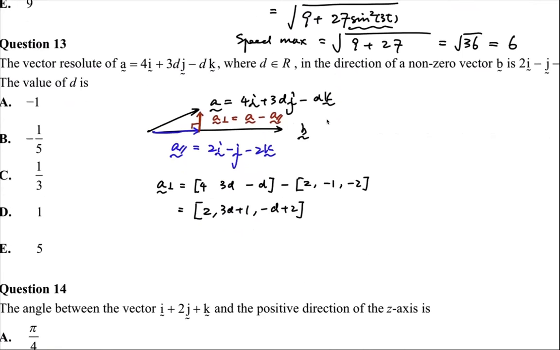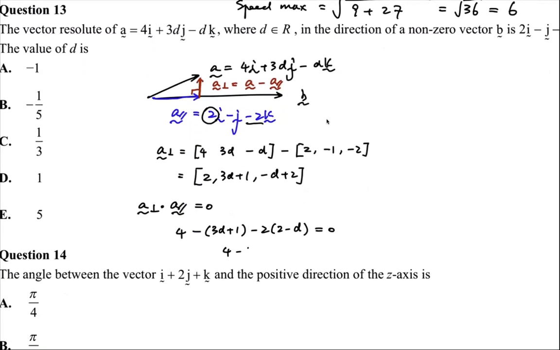And then if you take the dot product, A perpendicular times A parallel, it should be equal to 0. So 2 times 2, 4, minus 1 times (3d plus 1), and then minus 2 times (2 minus d) equals 0. So you can get 4 minus 3d minus 1 minus 4 plus 2d equals 0.